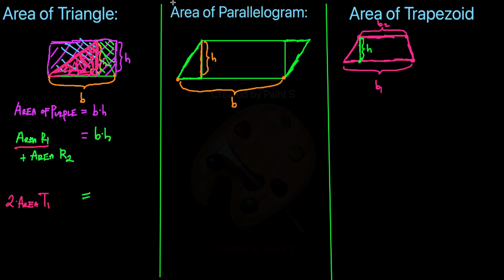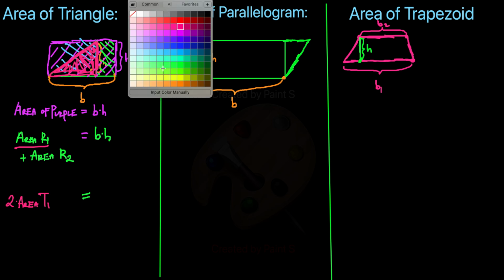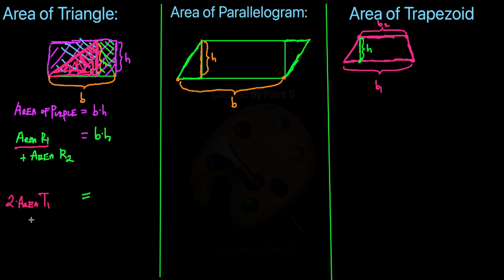Plus, if you look at this yellow triangle right here, it's exactly half of the area of rectangle 2. So 2 times the area of triangle 2 is the area of rectangle 2. And again, this all equals base times height.